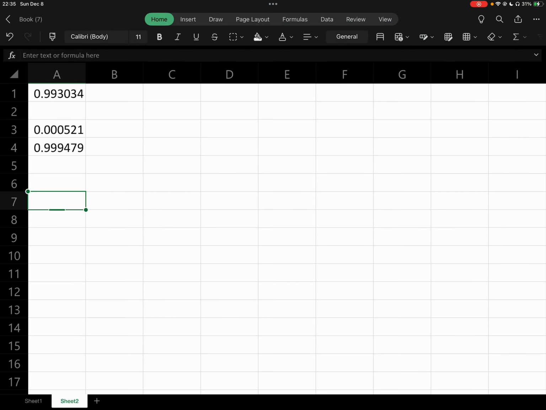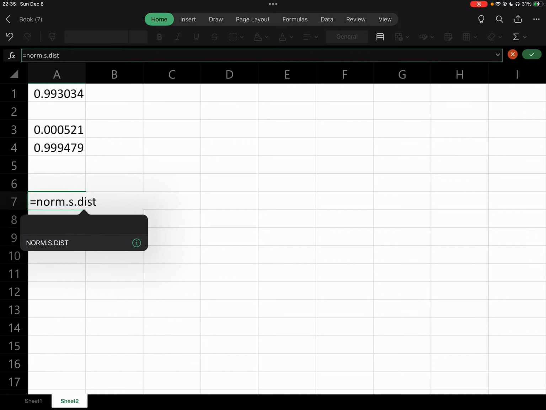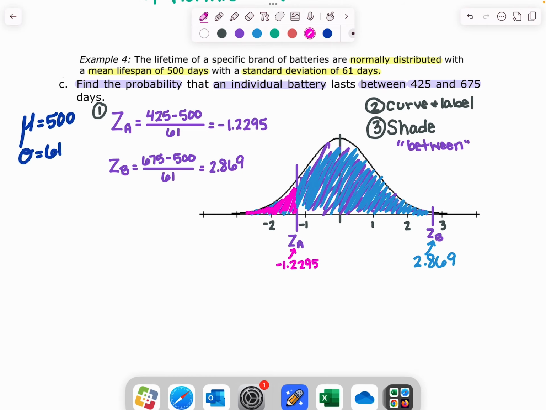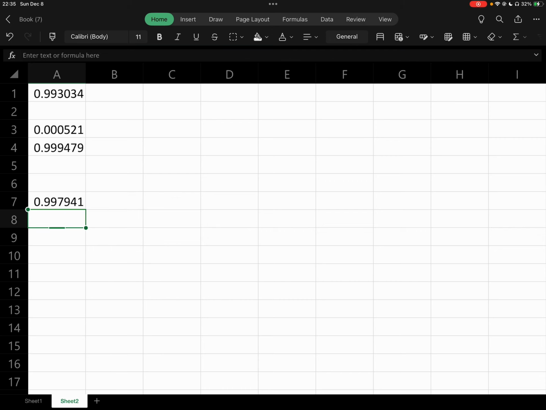So I still have the previous examples up here. The first one is norm.s.dist 2.869, comma, true. 0.9979.